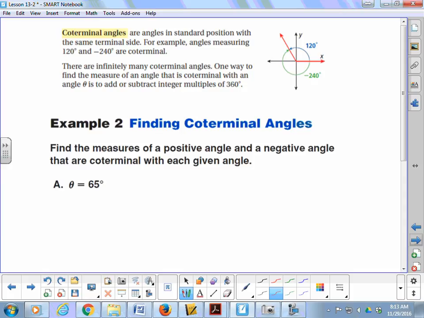So here they give us the angle of 65 degrees, and they want us to find a positive and a negative angle that are coterminal with it. So this is very simple. All we need to do to find coterminal angles is add 360 degrees or subtract 360 degrees from that angle.